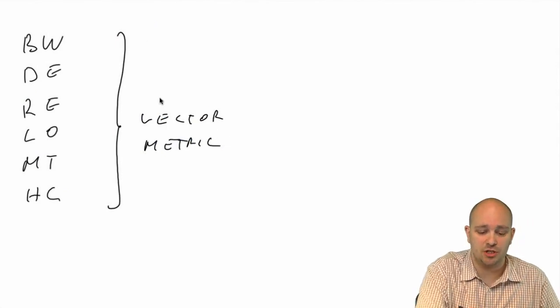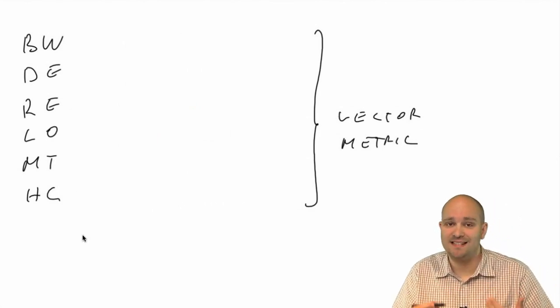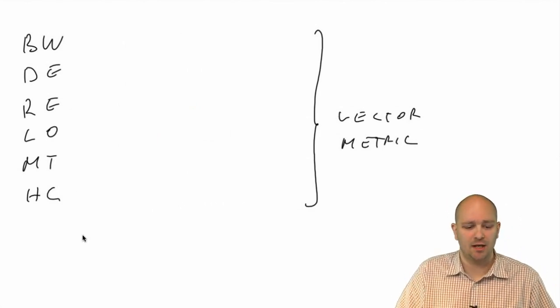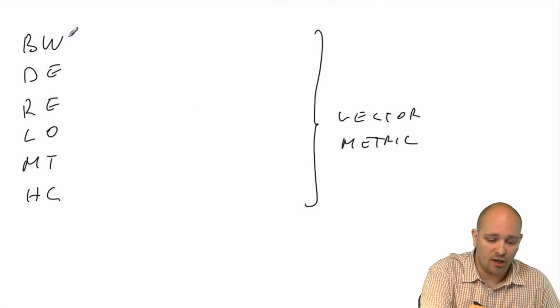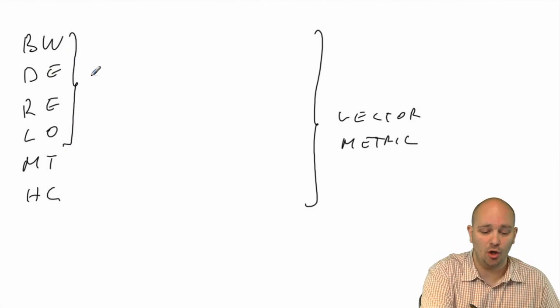So this is the information that is always going to be communicated to the neighbor. All these 6 values will be communicated to the neighbors. Based on the values of these 4, so bandwidth, delay, reliability, and load, we are going to calculate the composite metric.